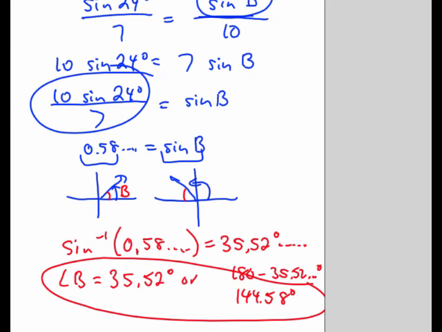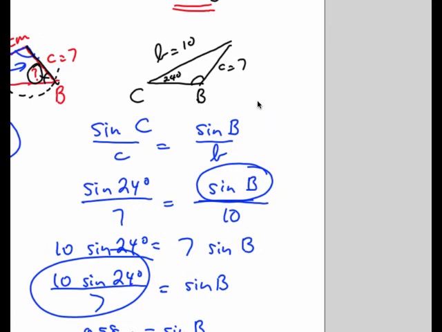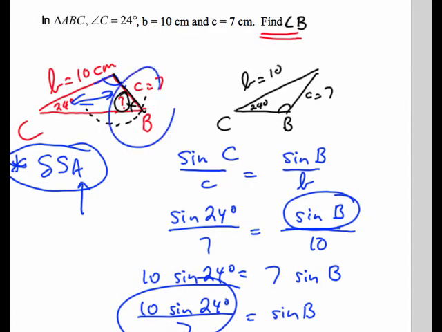Now, how do I know whether these are actually possible or not? What you do is you go back and you see, is it reasonable? Could this angle here be 35 degrees? If it was, 35 degrees is a bit bigger than 24, and the side across from it should therefore be bigger than the side across from 24. Well, that's true. Could angle B be 144 degrees?